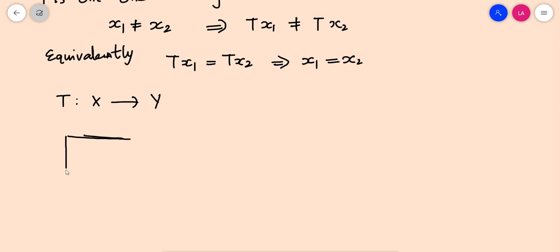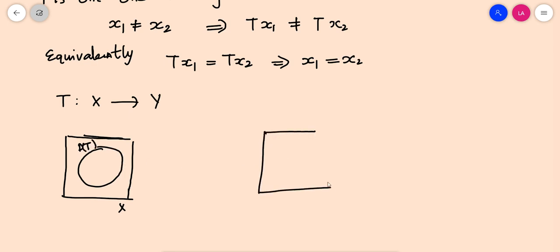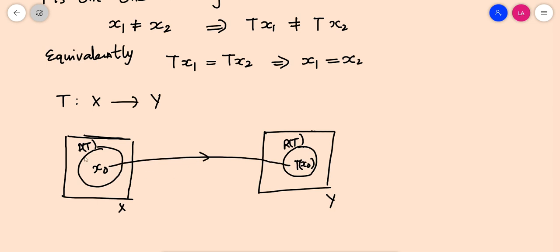Here X is the vector space, D(T) is the domain, and R(T) is a subset of Y. For every x naught in D(T), we have some element T of x naught in R(T), which we call y naught.